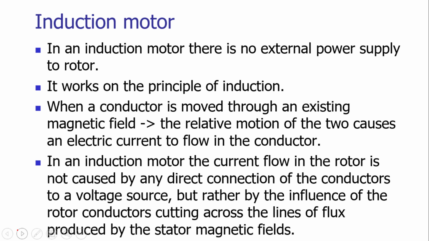The current which is flowing through the rotor conductor will cut across the lines of flux produced by the stator magnetic fields, and the interaction of current which is flowing through the rotor and the stator magnetic fields will generate the mechanical power.